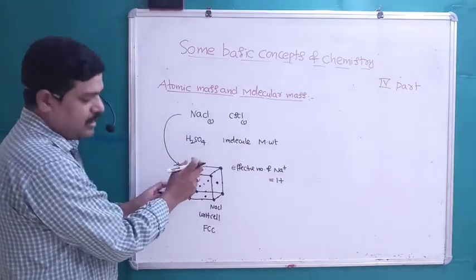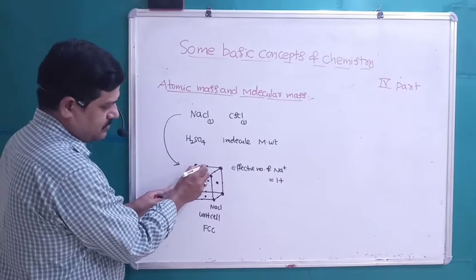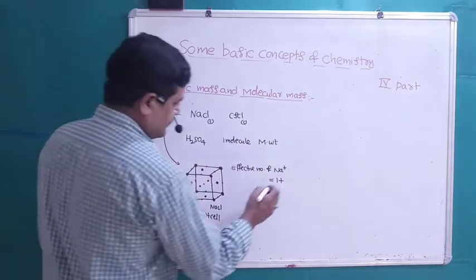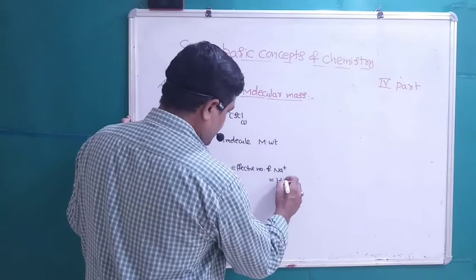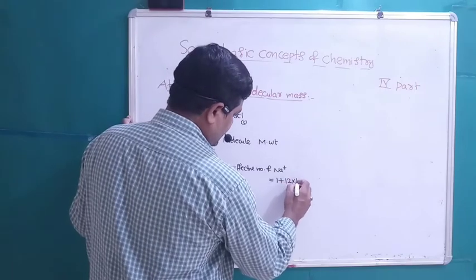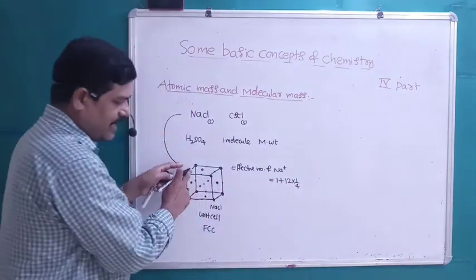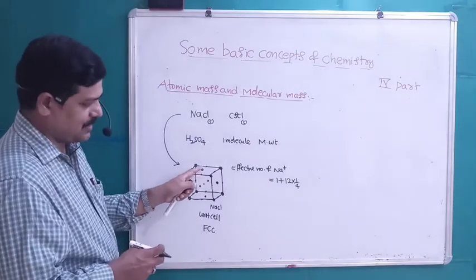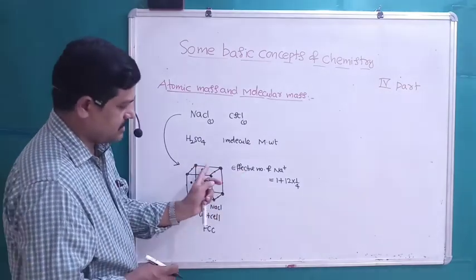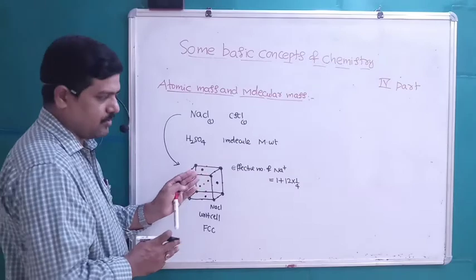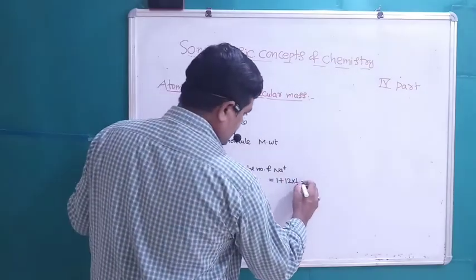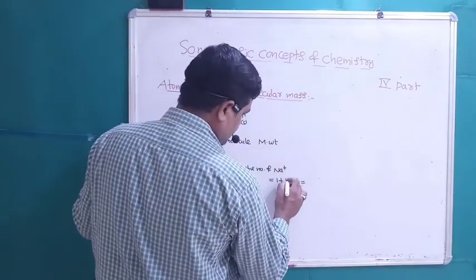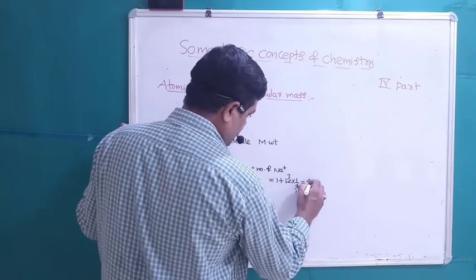But an ion present at an edge center is equally shared between 4 unit cells. So for 12 edge centers, 12 Na plus ions, each is equally shared among 4 unit cells. So the total we will get is 12 into 1 by 4 is 3, plus 1 is 4.